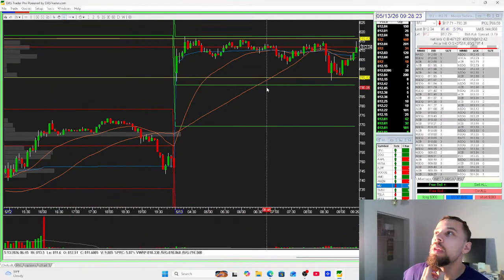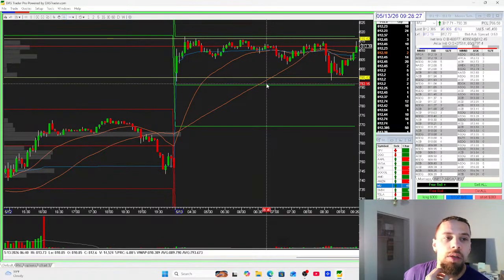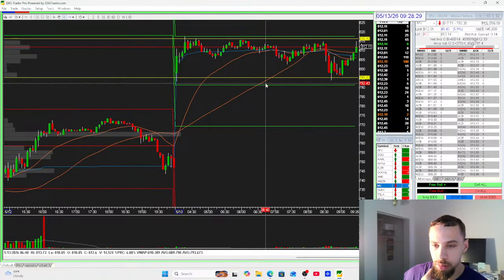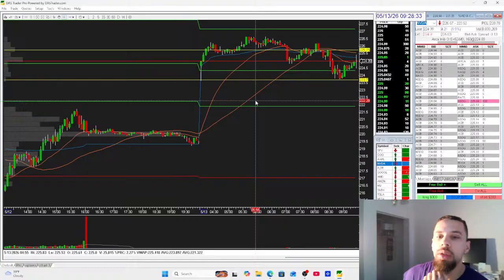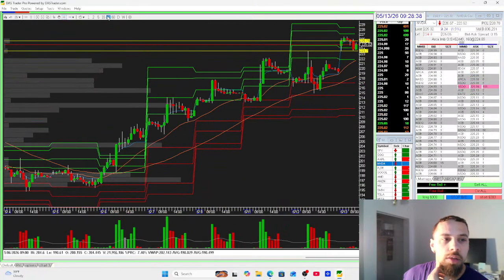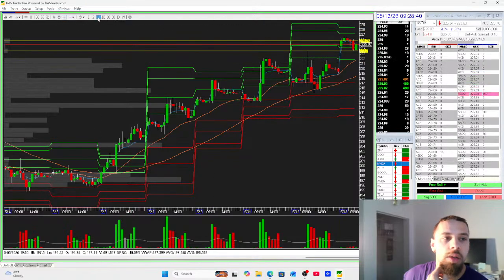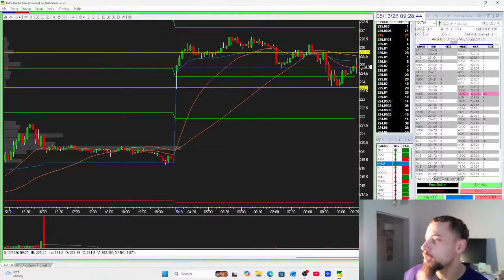So takeaways today: take profit and calculate risk. That's the goals today. Calculate risk. That sounds good to me. All-time high for NVIDIA is up here at 226.